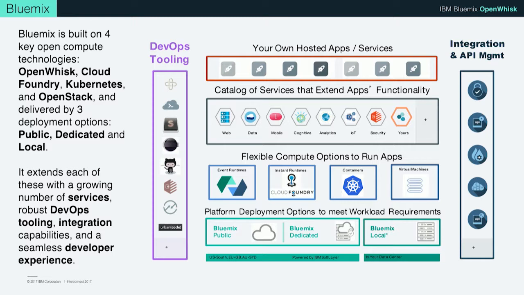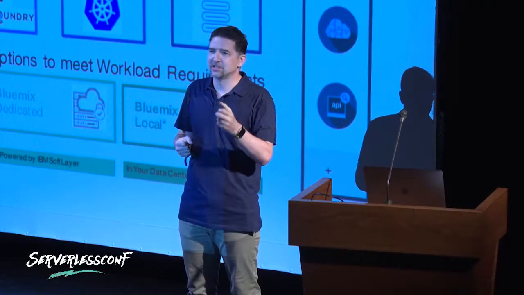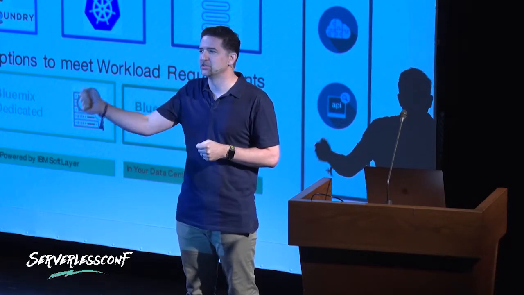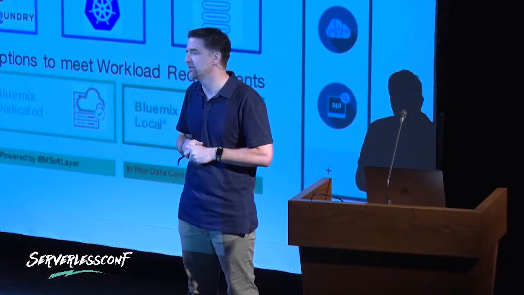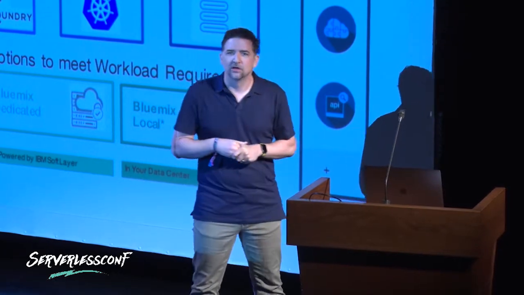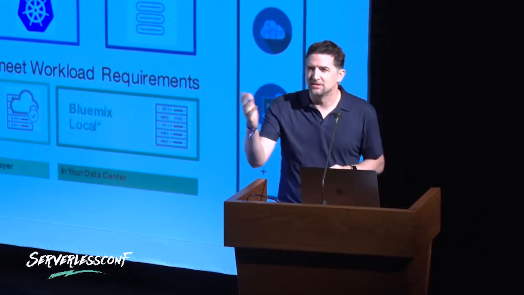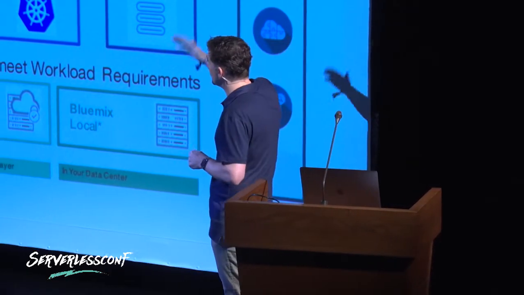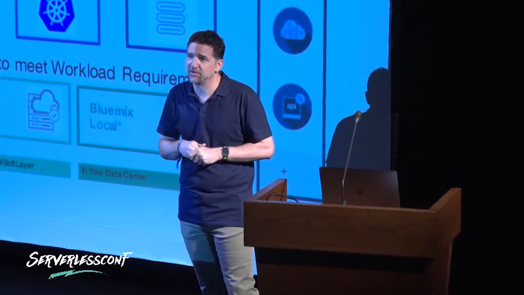And I think the third trend maybe in development right now is this idea of composition. We can build applications in containers or in serverless, and from those applications, make use of services that get exposed in the cloud, whether that's databases or image processing or having Watson tell you how old you are based on a picture of you. And so Bluemix exposes all of these capabilities to developers.